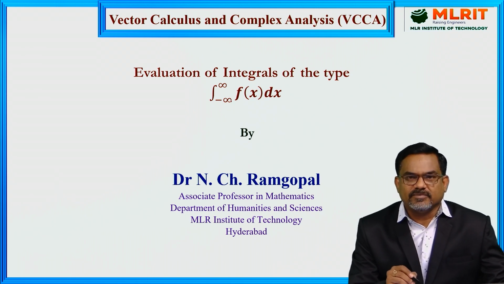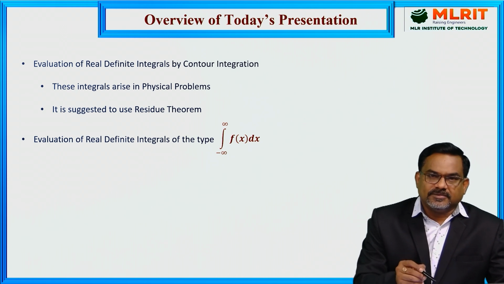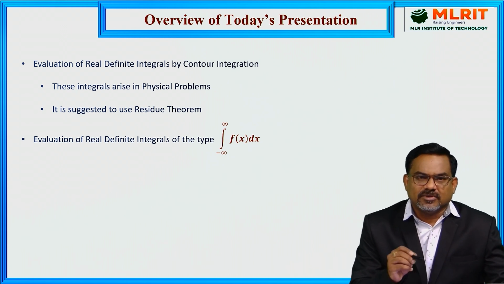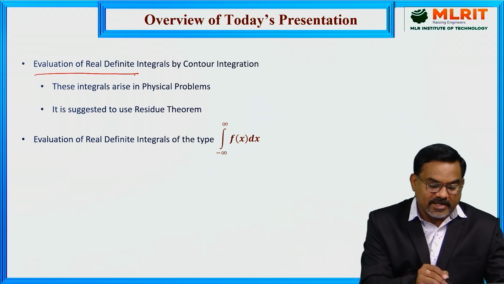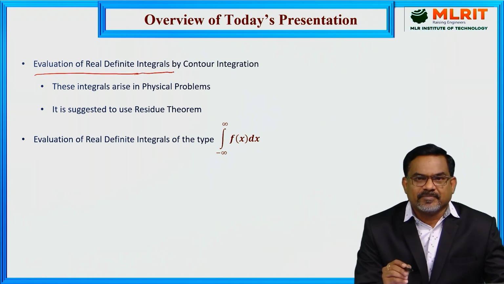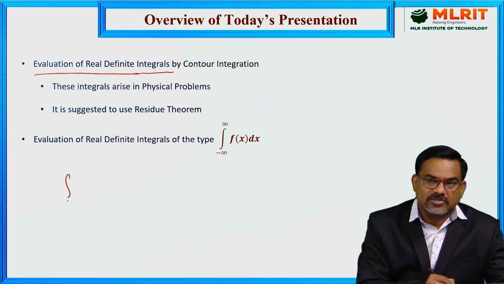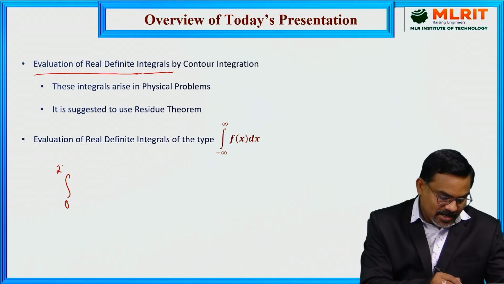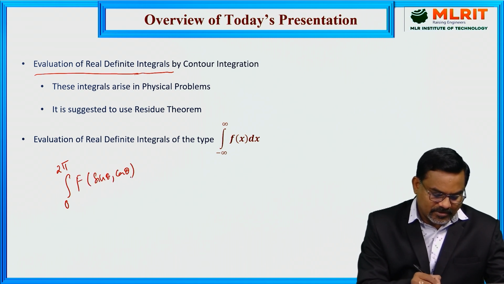Today, I am going to introduce a method to evaluate a line integral of this form, integral minus infinity to plus infinity f of x dx. In the last session also we discussed evaluation of real definite integrals by contour integration, and there are different forms. In the last session we evaluated integrals of the form 0 to 2 pi of a function having sin theta or cos theta or both.